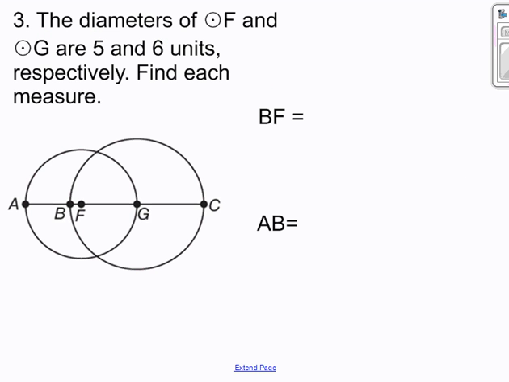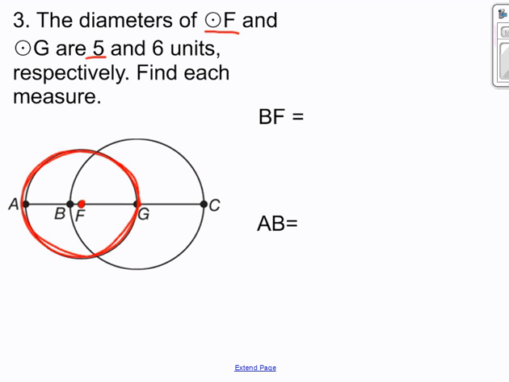Right, so here's another one. We have diameters of F and G are 5 and 6 respectively. So F is 5, the diameters are. So here's F, here's the circle with F. If the diameter is 5, that means the radius is 2.5.